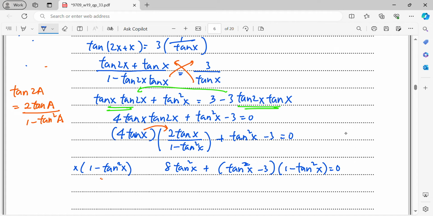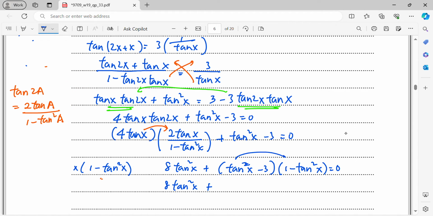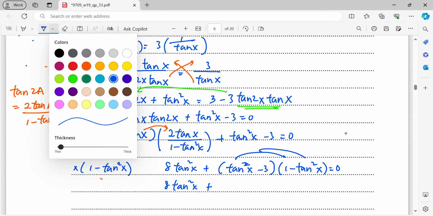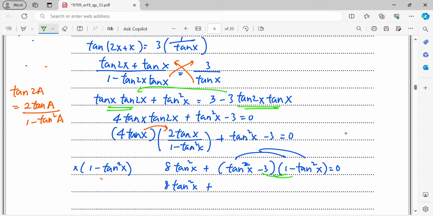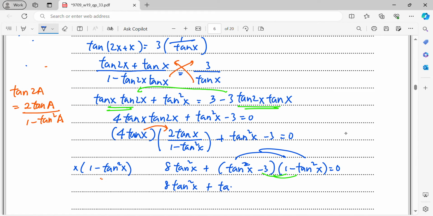And just do expansion. So 8 tangent square x plus, okay, so here tangent square x multiplied with the bracket, then followed by minus 3 multiplied to the bracket. So you will be getting plus tangent square x. So tangent square times negative tangent square is negative tangent degree 4. Then minus 3 times 1 is minus 3. Minus 3 times minus tangent square is plus 3 tangent square x equals to 0.